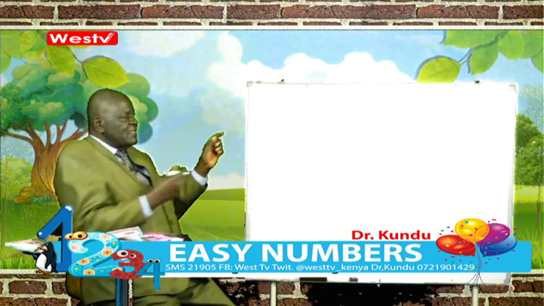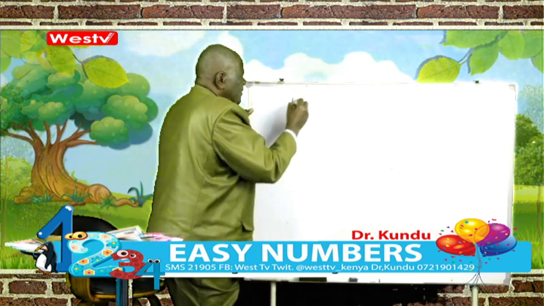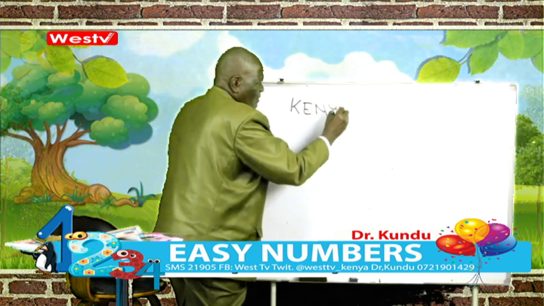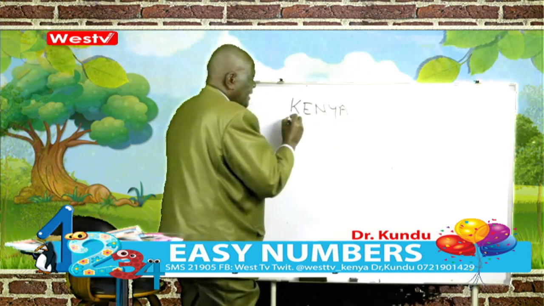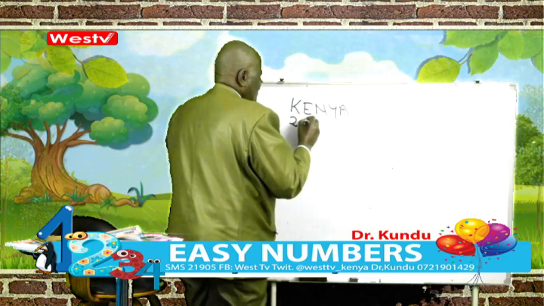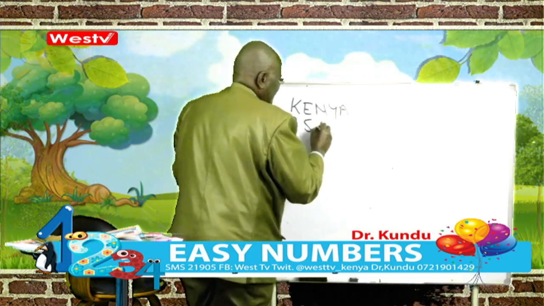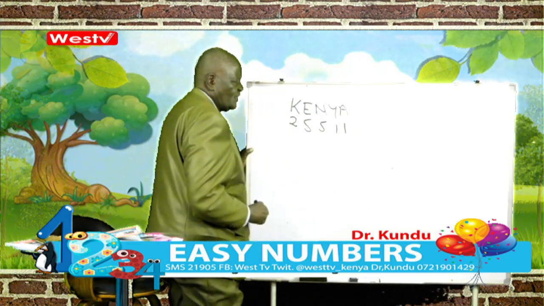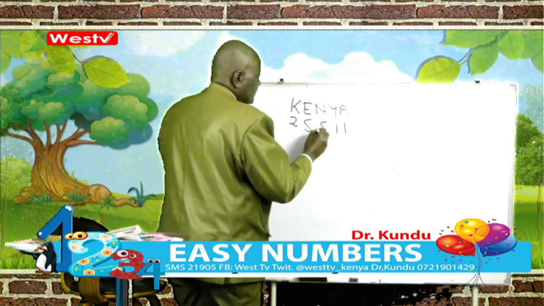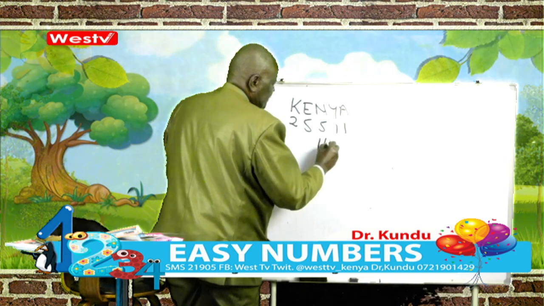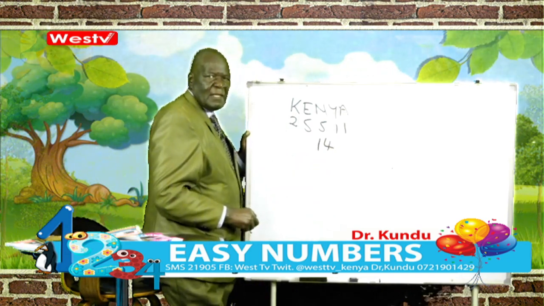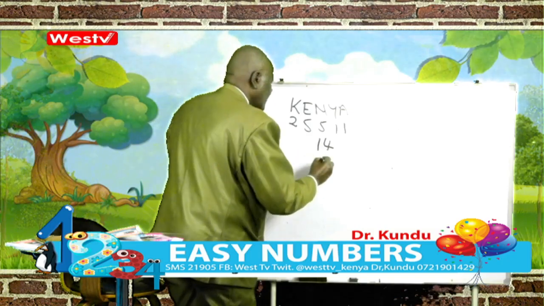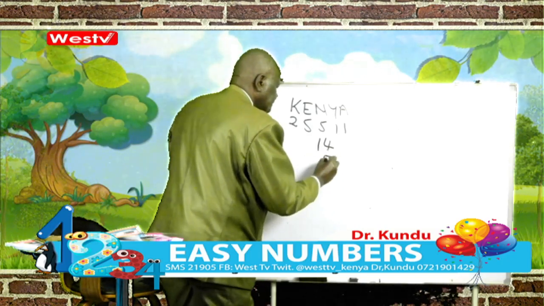So let's see the vibration of the country we are talking about, Kenya. Kenya, K is 2, A is 5, N is 5, Y is 1, and A is 1. So when we add all this, we find compound 14. And then when we want to look for the single number, 1 plus 4, it is single 5.